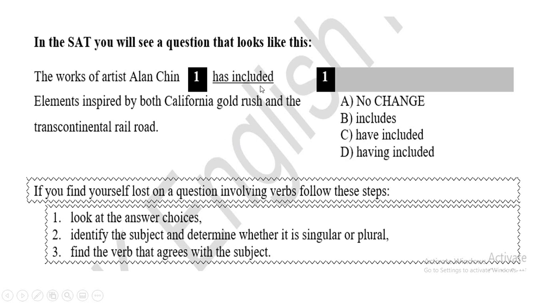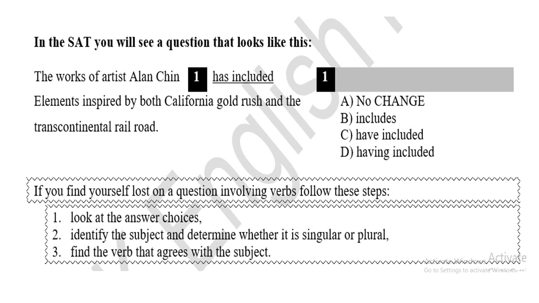In order to know whether this underlined portion of the sentence is correct or not, I have to go back a little further to the beginning of the sentence. The works of artist Alan Chen has included elements inspired by both California Gold Rush and the Transcontinental Railroad.